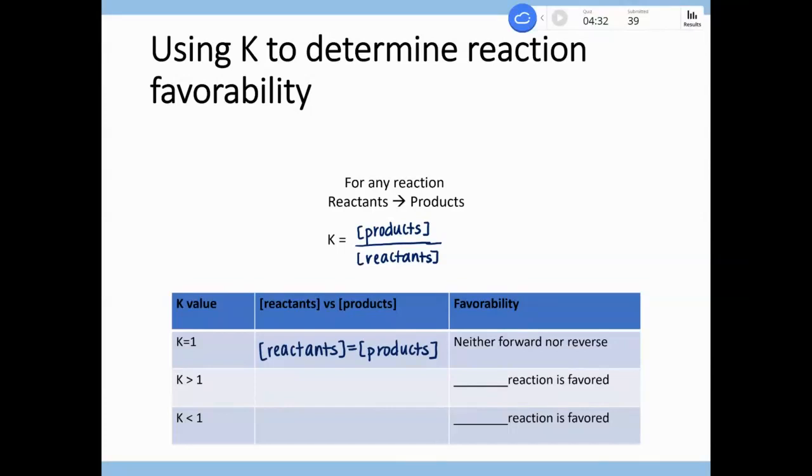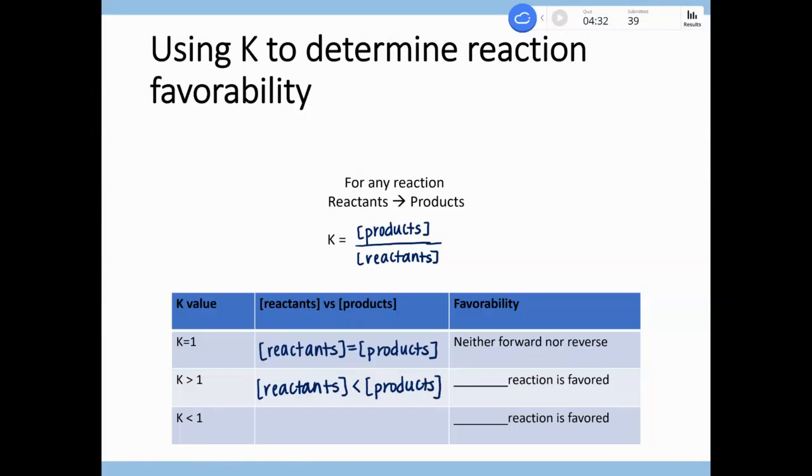For other reactions, K at equilibrium can be greater than 1. That means the numerator is larger than the denominator, so there are more products at equilibrium than reactants. The concentration of reactants is less than the concentration of products.